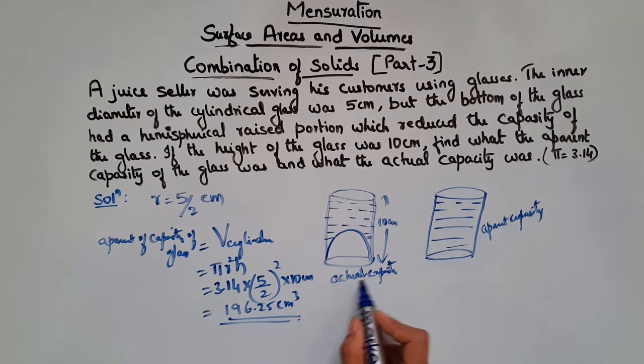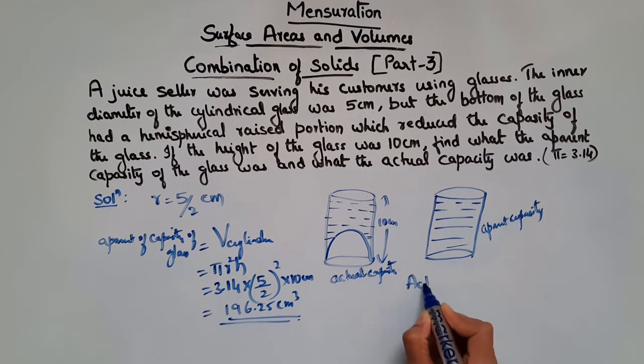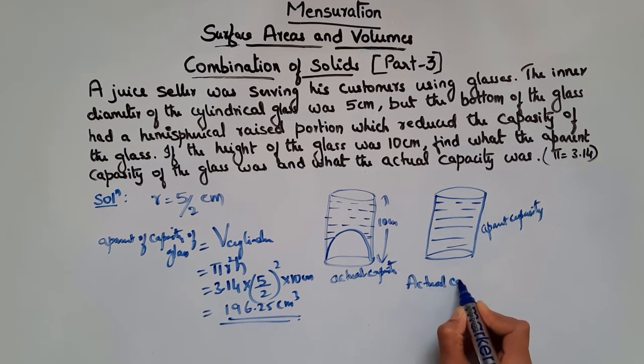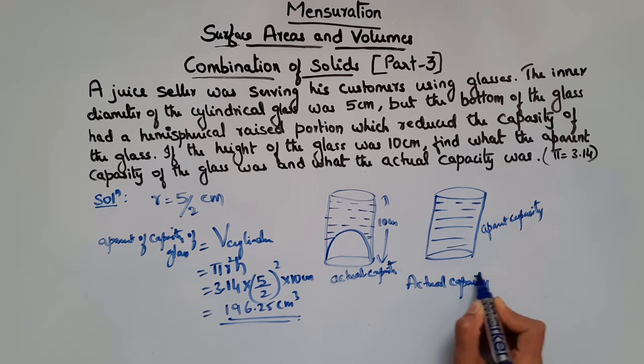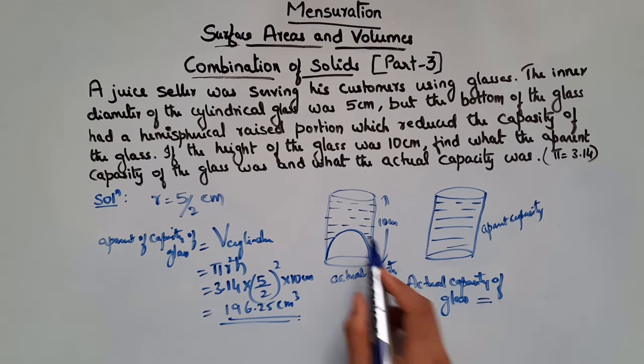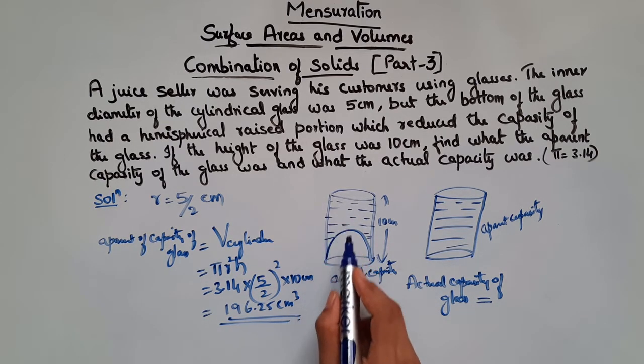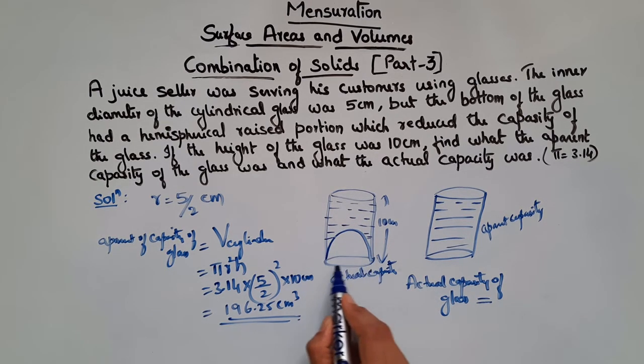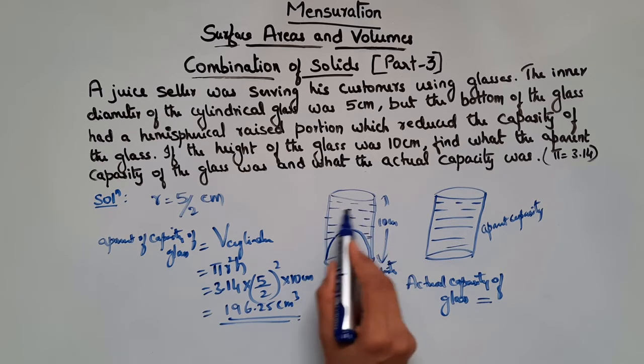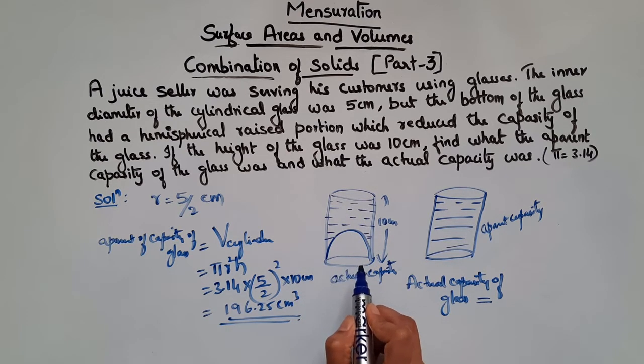Now let's see what is the actual capacity of the glass. So actual capacity of a glass is equal to, from the volume of this cylinder, if you minus the volume of this hemisphere, that will give you the actual capacity of this glass, agreed?